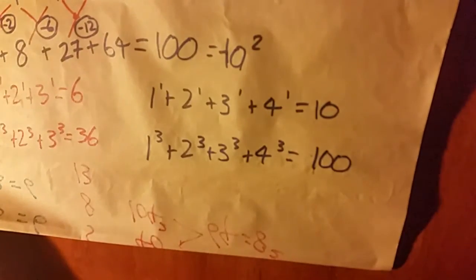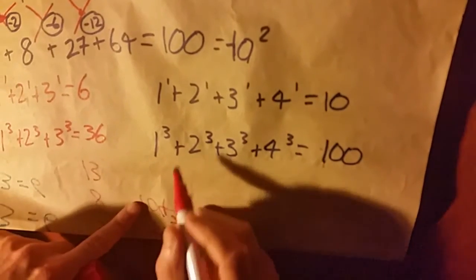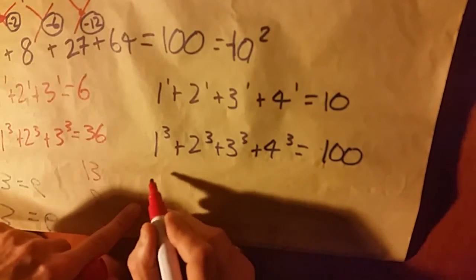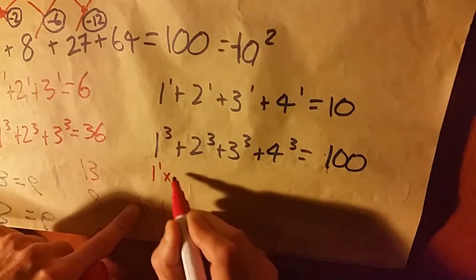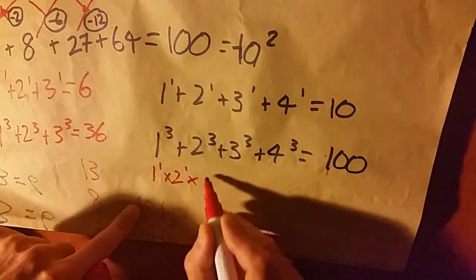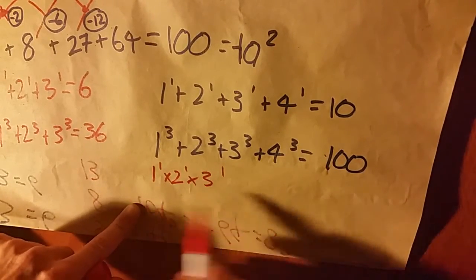Another curious thing that happens is if we do the same thing, but we multiply, starting with just the first three.